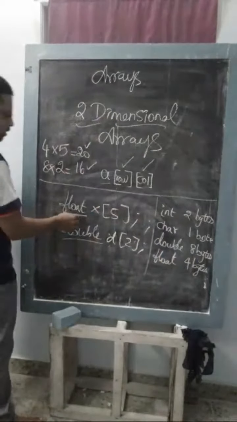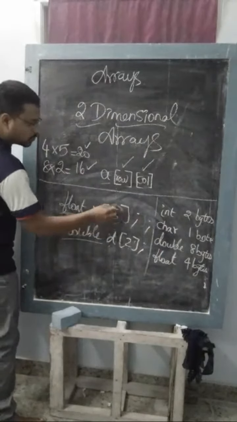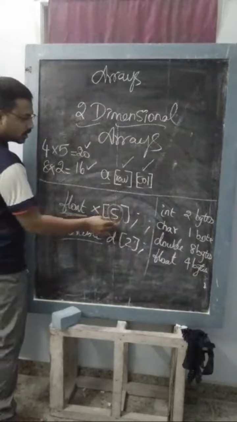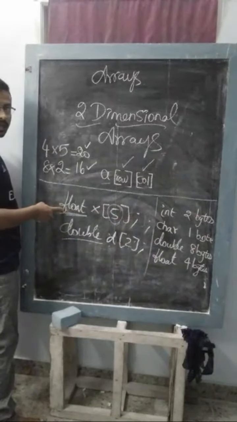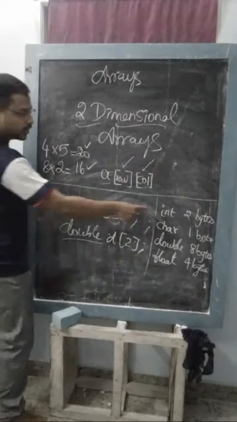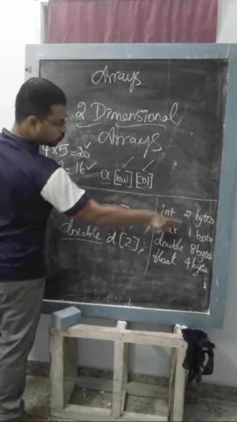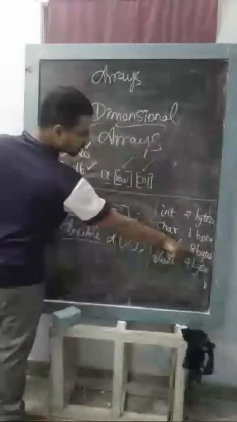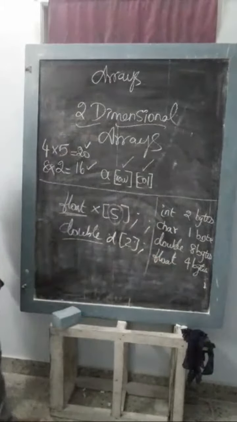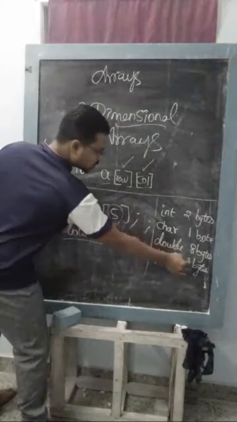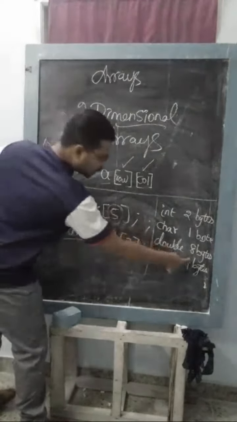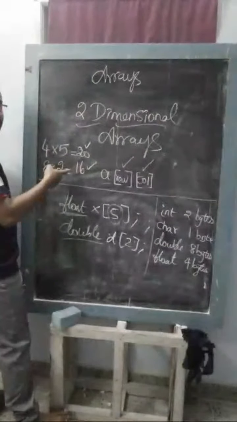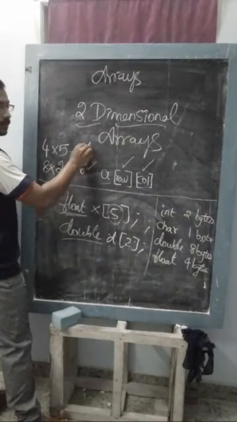So how we can calculate based on the size, based on the elements and the size of the data type. You know very well about that. You just get the size and get the elements, multiply both, so you can get the size of the array. You got it?